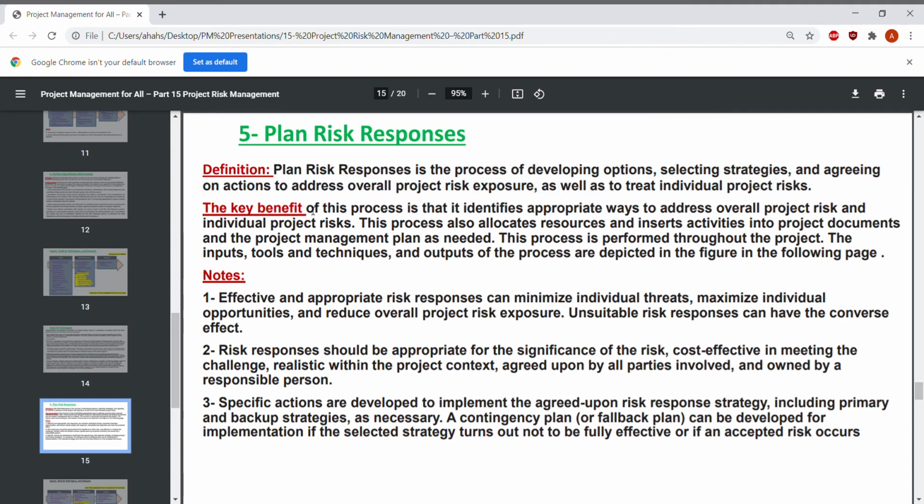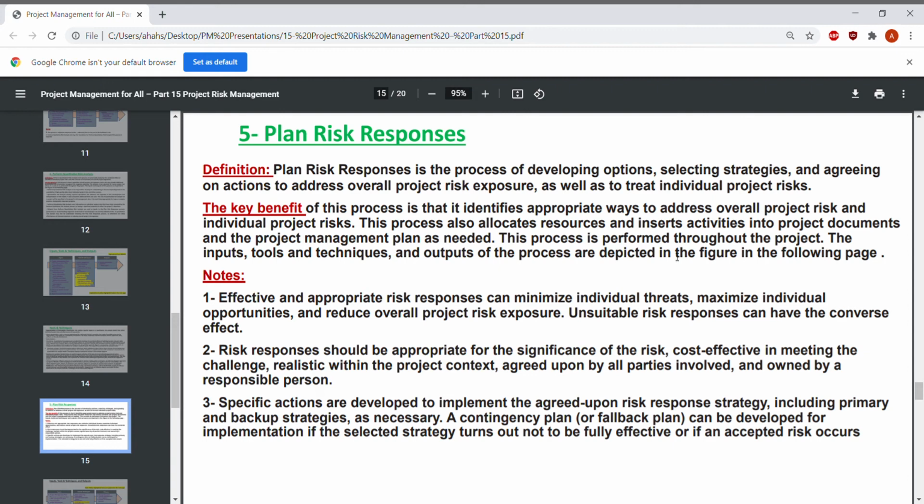The key benefit of this process is that it identifies appropriate ways to address overall project risk and individual project risk. This process also allocates resources and inserts activities into the project documents and project management plan as needed. This process is performed throughout the project.